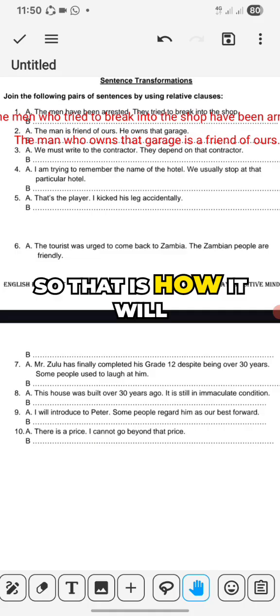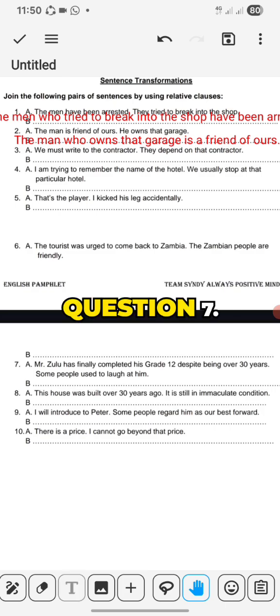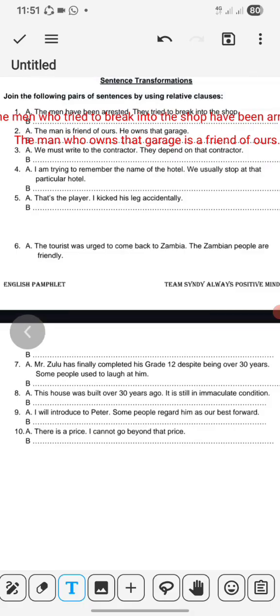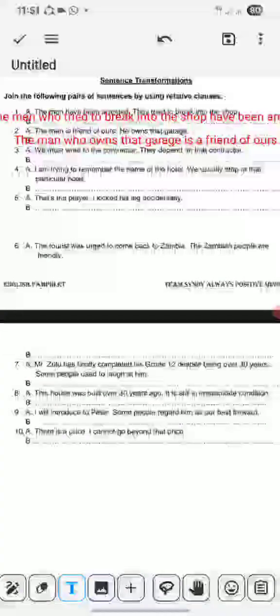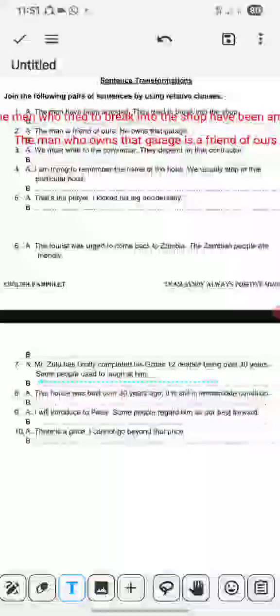Now let me identify one non-defining relative clause. You'll see how we join it and see the difference. Let's look at question 7.